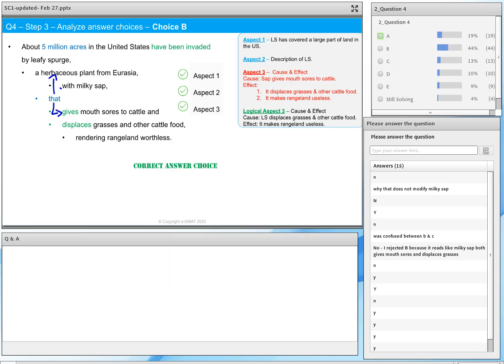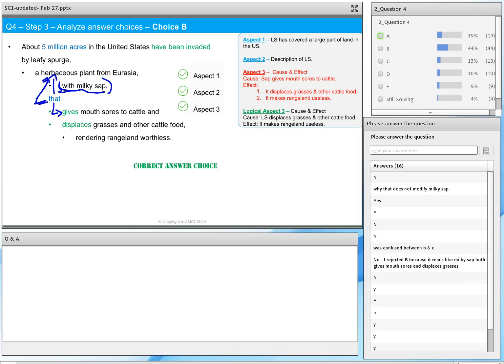Why does that not modify milky sap? That does not modify milky sap because with milky sap is actually enclosed between two commas. So this gives that the liberty to jump over this modifier and talk about this. And this is what I have for you in my next slide.